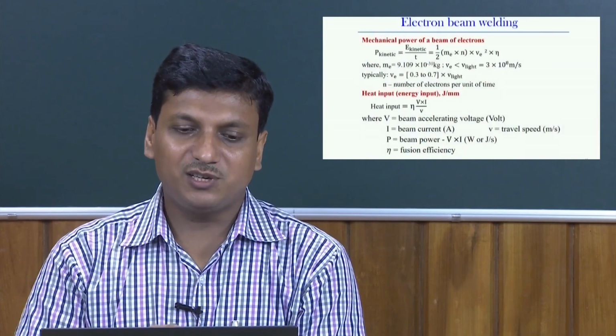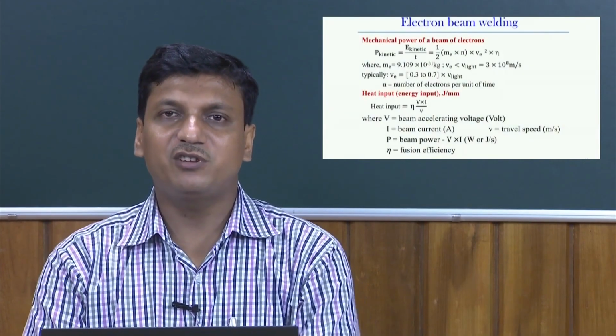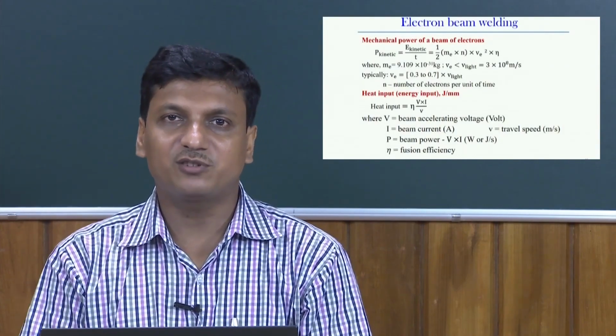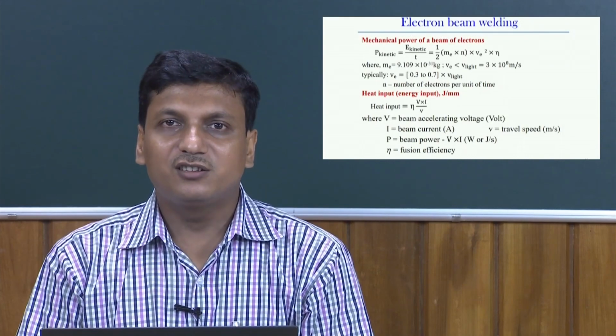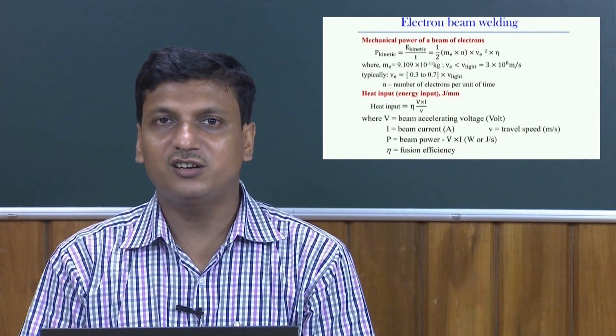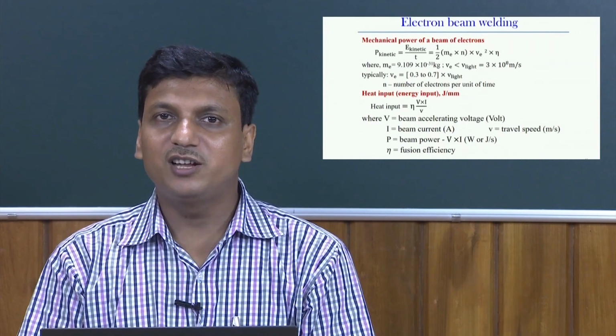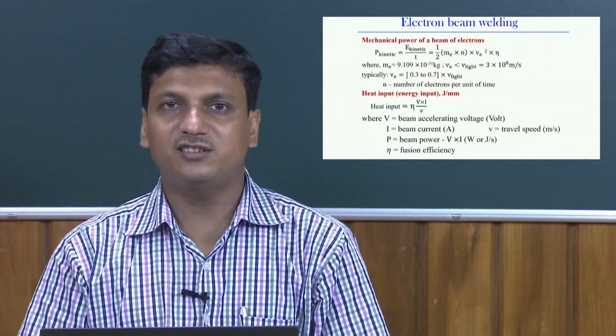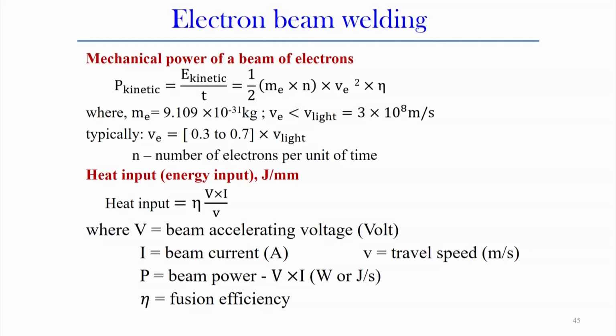Specifically, this formula for heat input is not only for the electron beam welding process, in other arc welding processes also we can use a similar kind of formula, if we know the voltage, the current being used, and the welding speed. So, heat input per unit length is one of the typical characteristic parameters that takes care of the welding velocity.